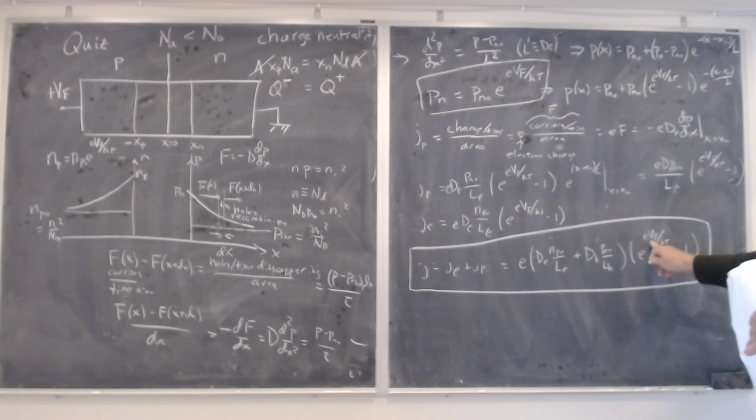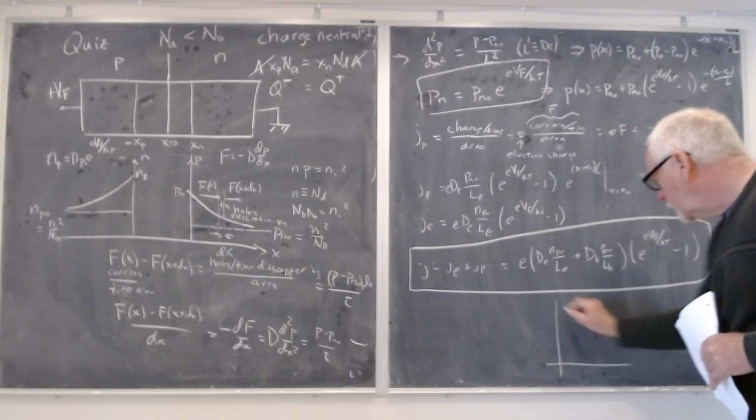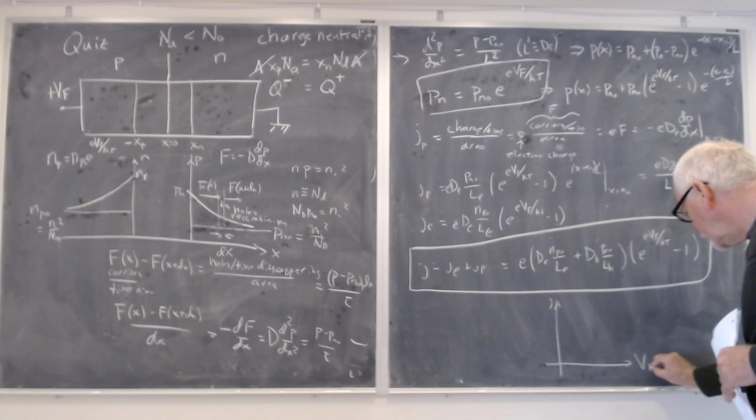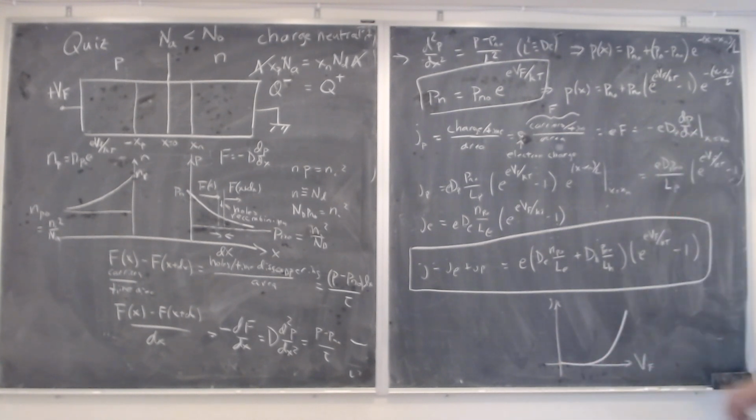Voltage only appears there, times e to the eVF over kT minus 1. Of course, if VF equals 0, this is 0 because there's no current. And this gives rise to what you're used to seeing, and so now you know where that comes from.